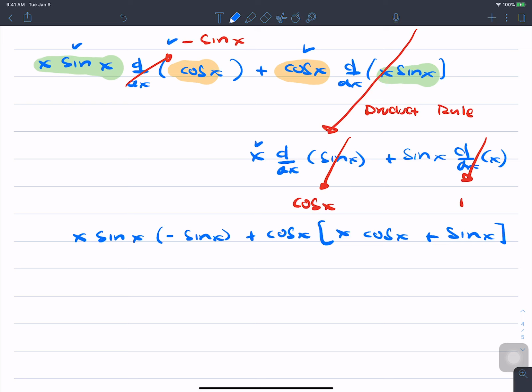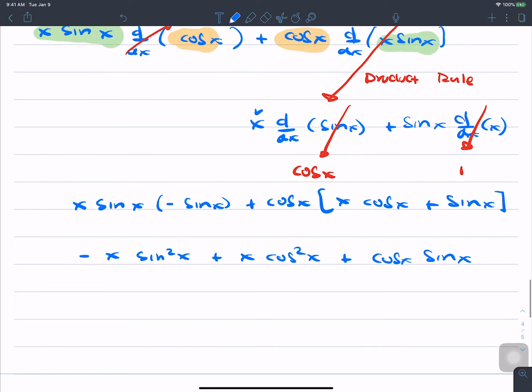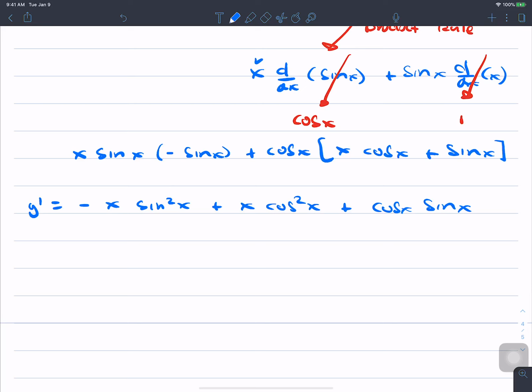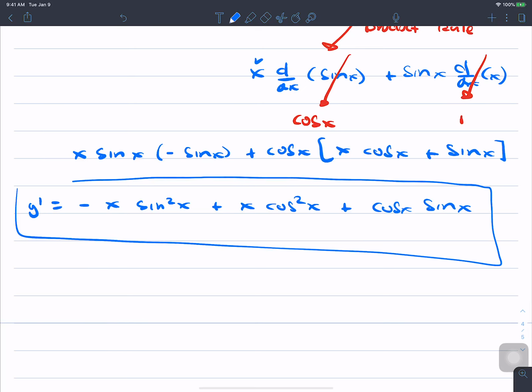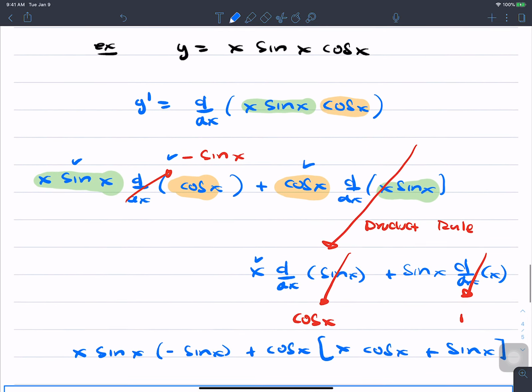So I get minus x sine squared x plus x cosine squared x, and then plus a cosine sine. Even if you factored out that x, it doesn't do anything for you. You don't have an identity there, so you leave it as it is. That's kind of like an example in your book, I think.